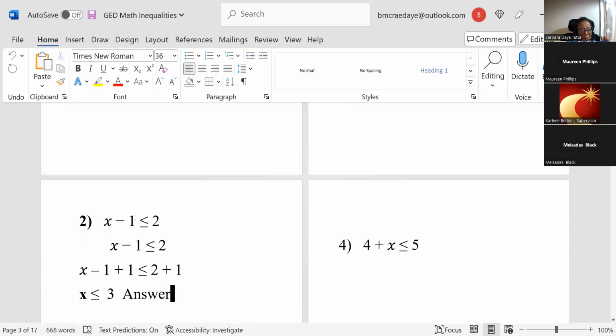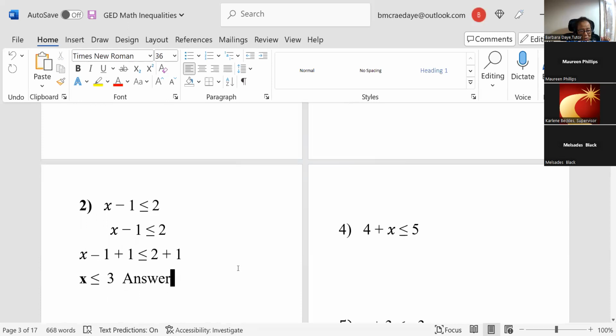Put the 3 here. 3 minus 1, that's 2. That's an equal. Put something less than 3, like a 2. 2 minus 1 is 1, and 1 is less than 2. So you know it's correct. You got it, Mercedes? Yes, Miss, I think so. Okay. So that's your answer. X less than or equal to 3.